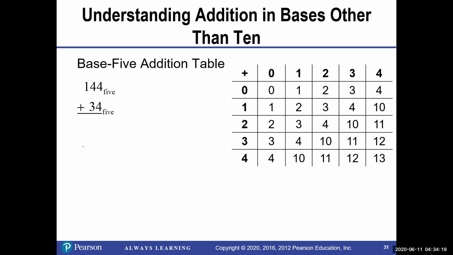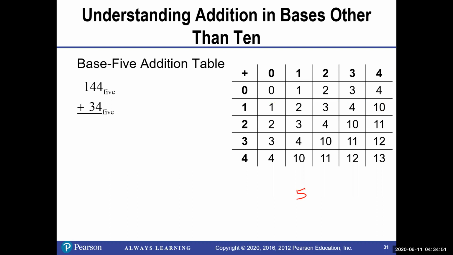Now, 0 plus 0 gives us 0. 0 plus 1 gives us 1. 0 plus any number gives us the same number. Now you realize that here these numbers are changing. On this row, the last digit here, we did 1 plus 4, and this gave us 10. Addition of number bases works such that 1 plus 4 is 5.